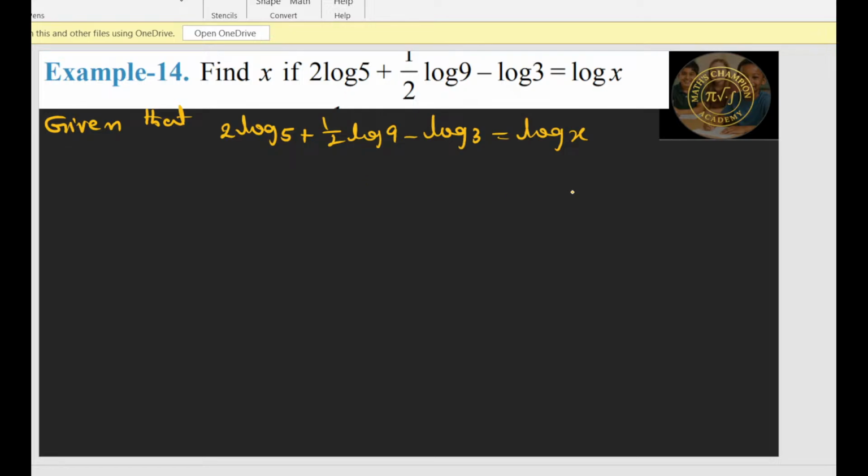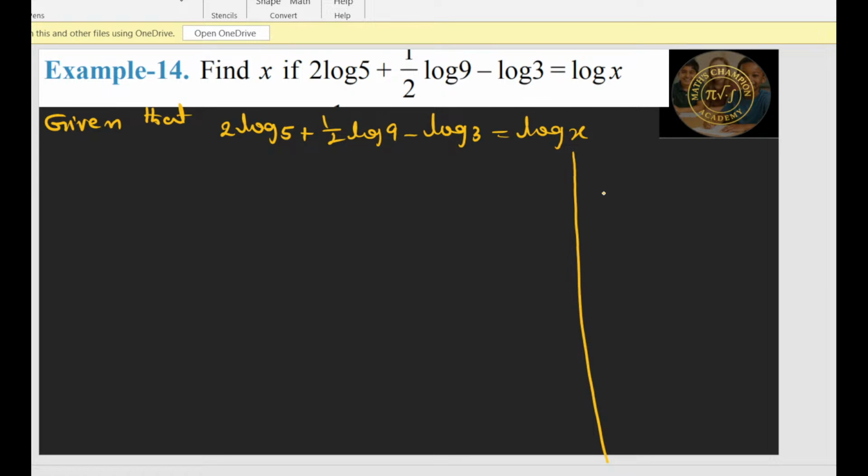Only these 3 formulas we are going to use here. What is the formula? Log x to the power n is equal to n log x; if n is there, you have to write likewise.